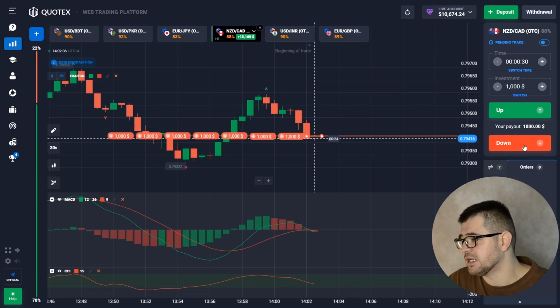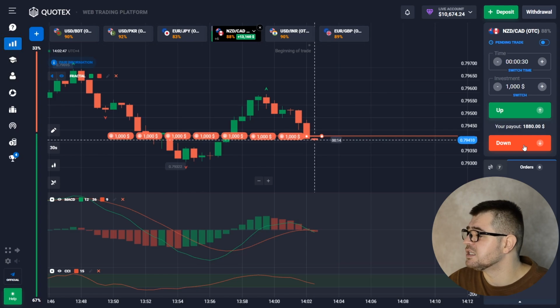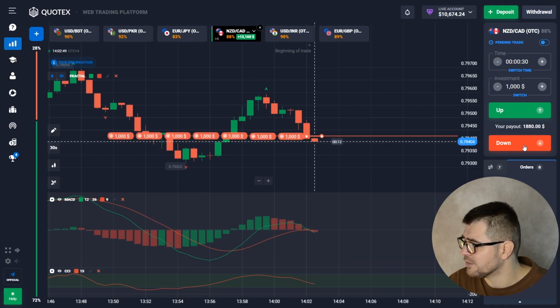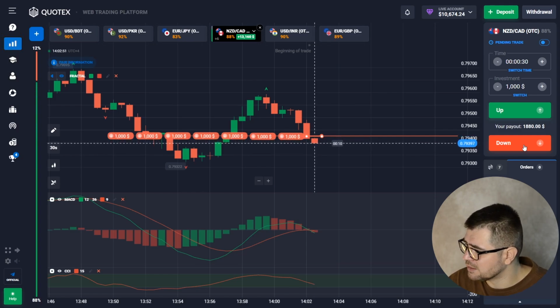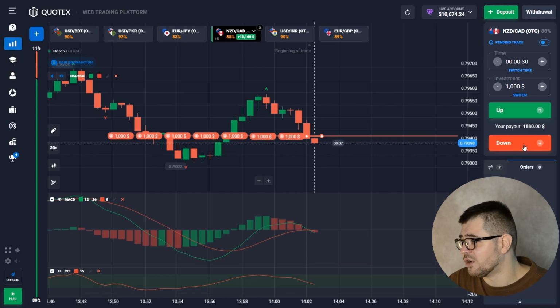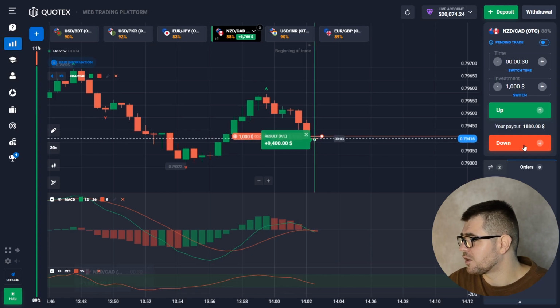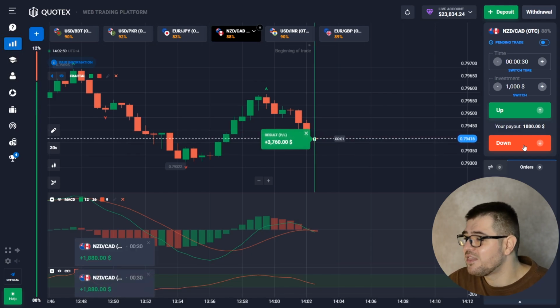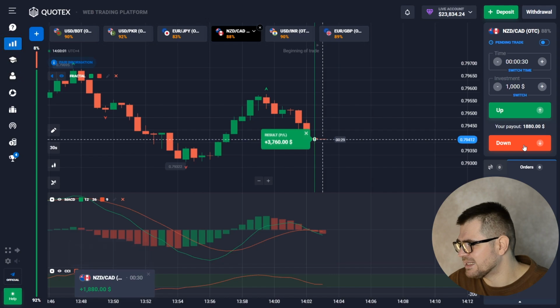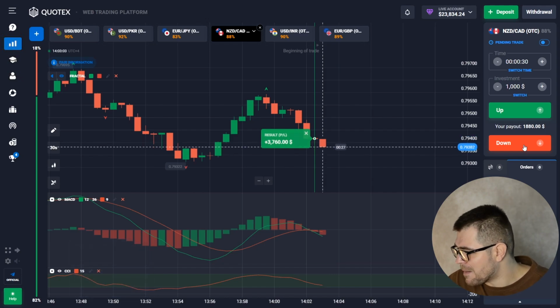The MACD has now crossed the slower line. The graph itself is giving us hints that the price is going down, so the bearish trend is forming, and maybe even continuing. So in 30 seconds, as you can see, we just made another awesome amount.